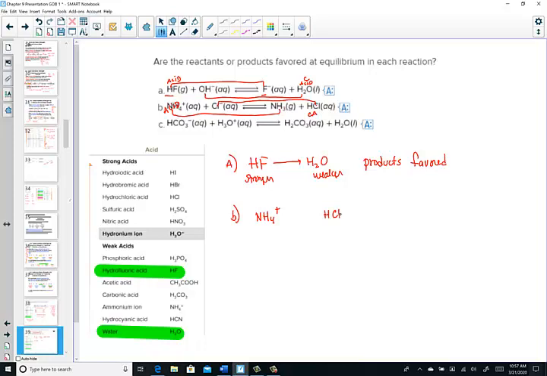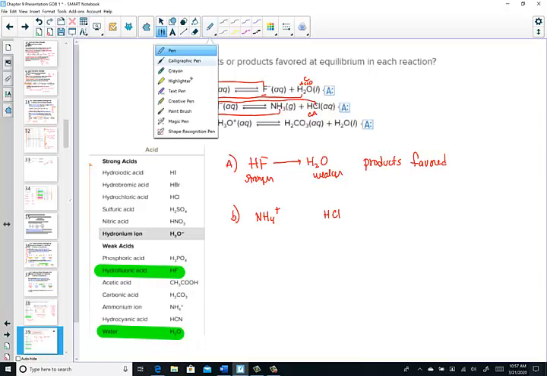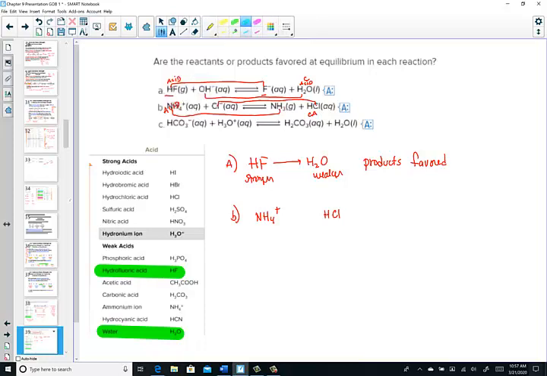We've identified the two acids. Now we're ready to compare. When we compare HCl, which is found way up here, to ammonium, which is found way down here, clearly we see HCl is stronger. And this simply tells me stronger points towards the weaker acid. So therefore, the reactants are favored in this dynamic equilibrium.